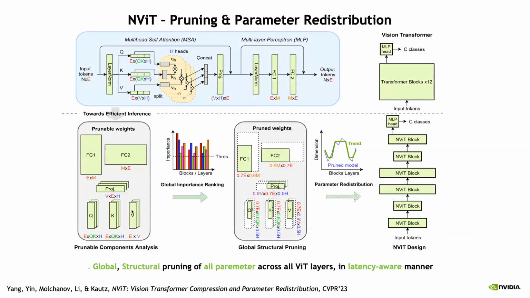So NViT is our... Okay, I think I'll just leave the upper section there. But this is structural pruning, and this is just a teaser of how the method works. There are some small tweaks that we need to make for the transformer, because the transformer has this head dimension. We need to reshape the tensor a little bit so that we can rank all the components together.